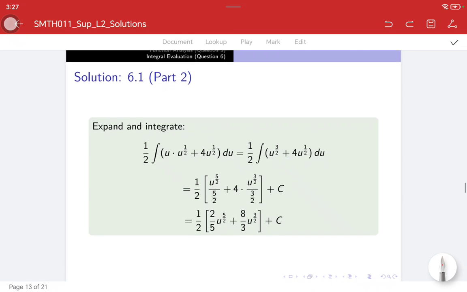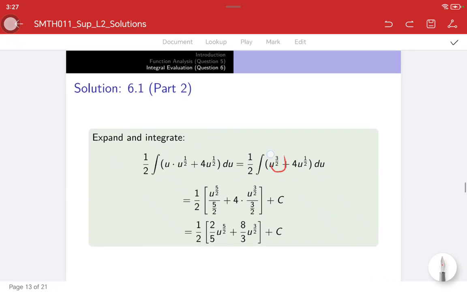When I integrate, I take this, add 1 to the exponent, then divide by that entire new exponent. I do the same here: I add 1 there, which gives 3 over 2, and divide by the entire exponent. Then to simplify, I can just flip it to get this. Also this one, I can just flip it. So I get 2 over 3, and 2 times 4 is 8.